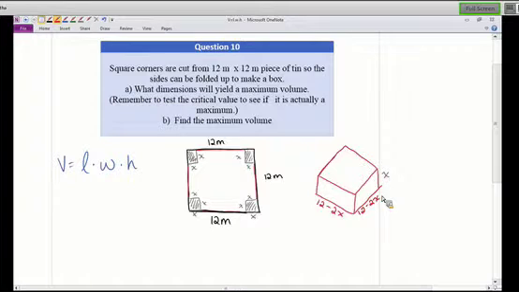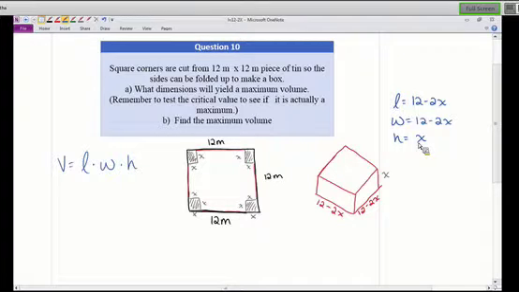I'm just showing the dimensions of the box. So the length, the width, and the height, I'll write off to the side. The length is going to be 12 minus 2x. The width is going to be 12 minus 2x. And the height is going to be just x. Now I'm going to substitute these dimensions into our volume formula.